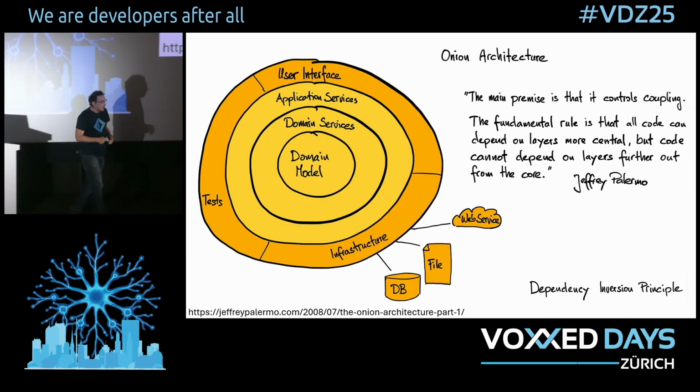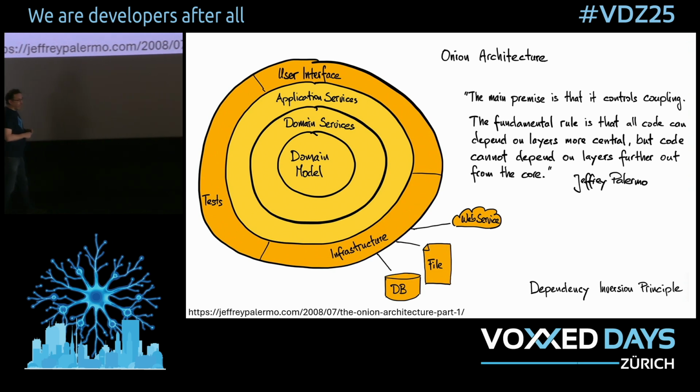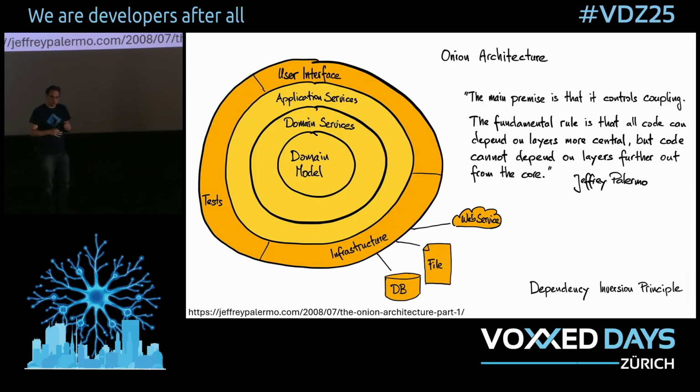And in 2008, Jeffrey Palermo came along and wrote some blog posts about how they structure their code. He called it onion architecture, because the layers are concentric circles and look a bit like onion skins. He said, yes, we have the same idea.